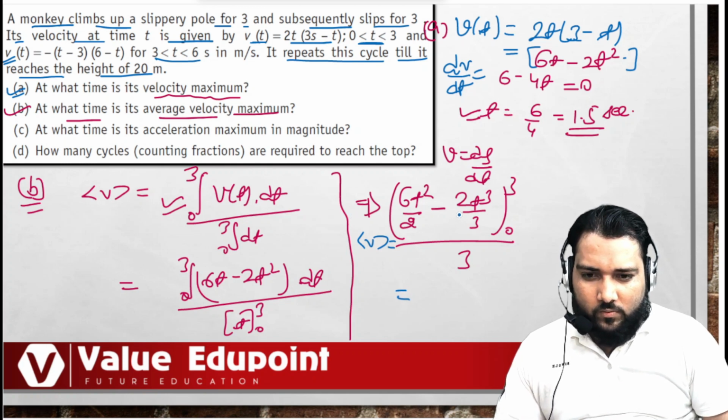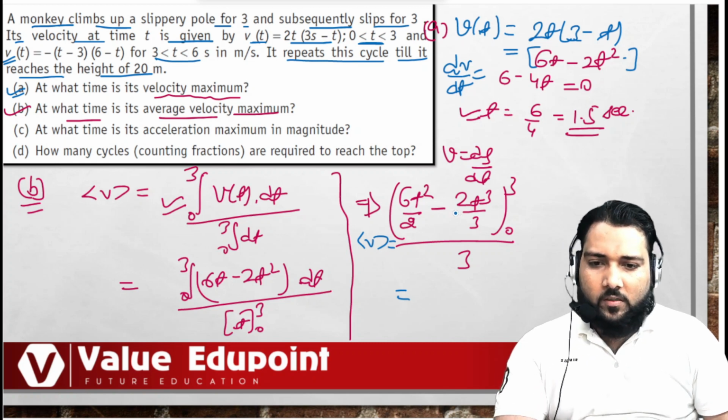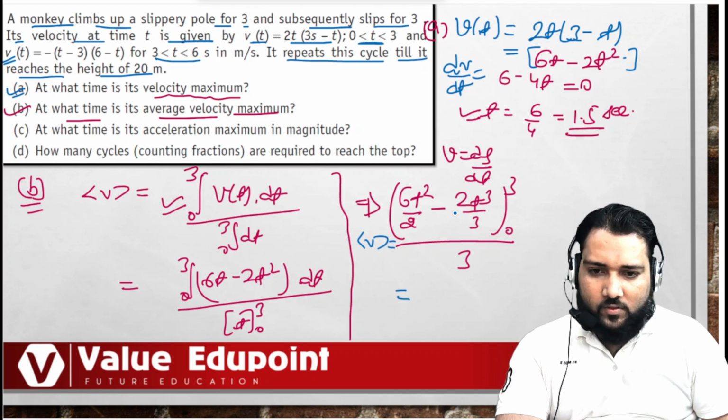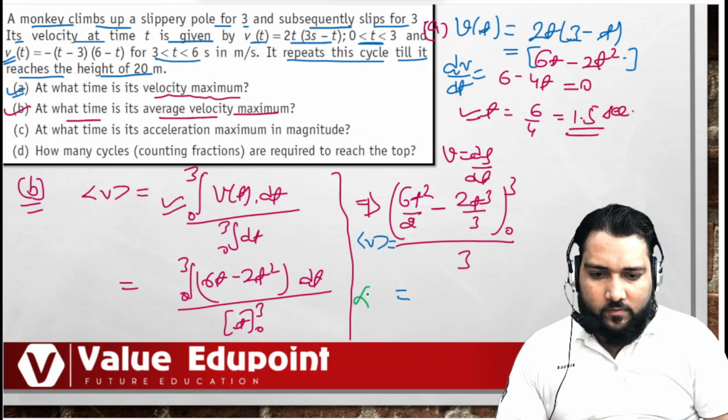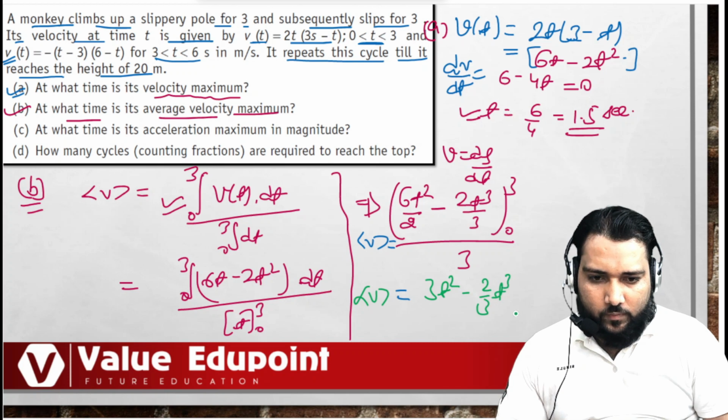So now, at what time will its average velocity be maximum? Is it okay, guys? So we are first calculating the average velocity. When you solve further, this comes out to be 3t square minus 2 by 3 t cube.